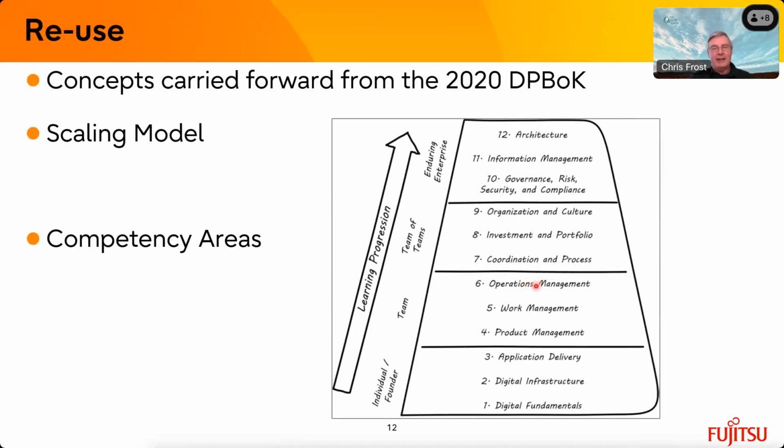the competency areas are arranged along this scale of the scaling model that I was just describing. So in the beginning, as an individual or a founder, the sorts of things that you're thinking about are the very fundamentals of digital business: what I can do, how I can create some useful value for myself and customers, the digital infrastructure I need to run it on, and some sort of application to run on top of that.